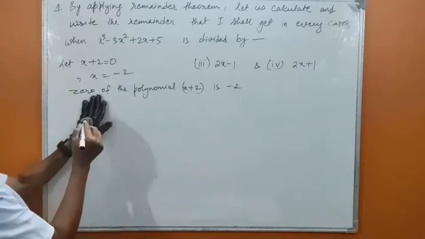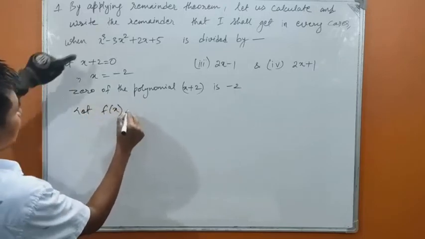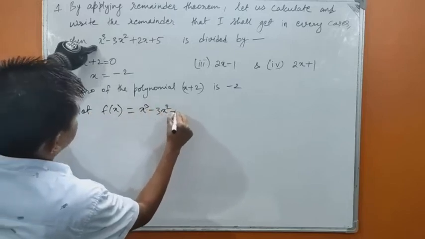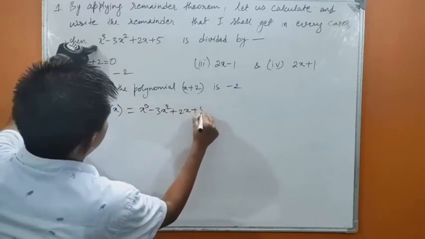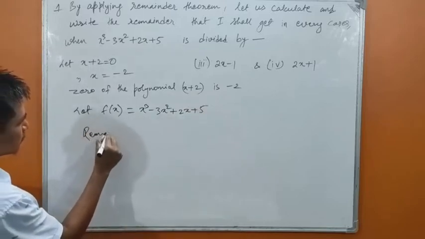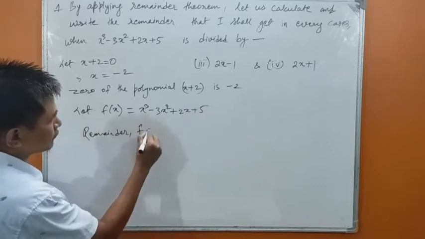Okay. So let f(x) equal x cube minus 3x square plus 2x plus 5. According to the remainder theorem, this is easy, isn't it? The remainder will be f(minus 2).